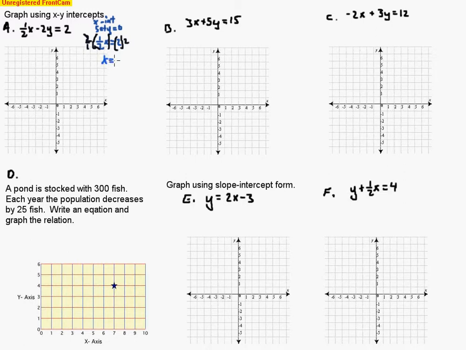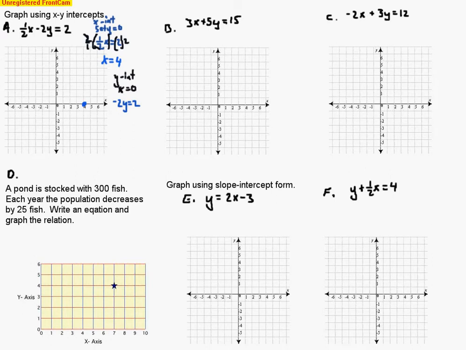So what we can do there is go over 4 spaces on the x-axis and put a dot. Then we can find the y-intercept. Now remember, the y-intercept is when we set x equal to 0. So if I set x equal to 0, it cancels out that x term, so all I'm left with is the y term. And so all I have is negative 2y equals 2.